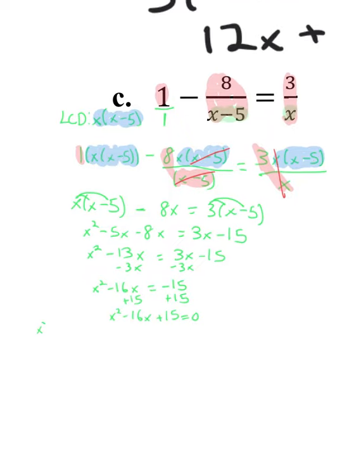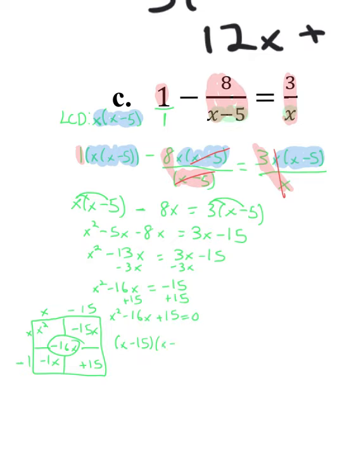And then I would probably need to do a box method for this problem to try and simplify it. X times x. It's a positive 15, so both these terms are going to be negative, and they need to add to negative 16. It turns out this is just going to be 15 and 1. Negative 1x, negative 15x. So this one factors to x minus 15 and x minus 1.